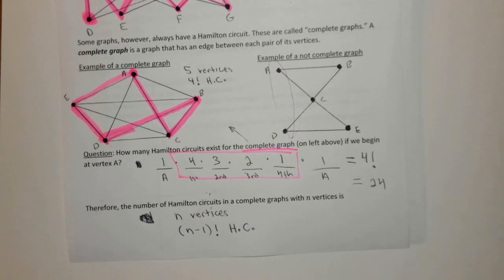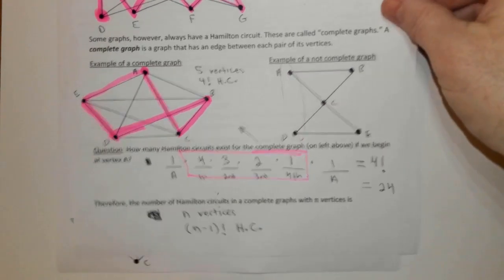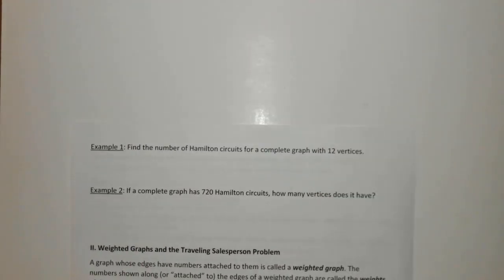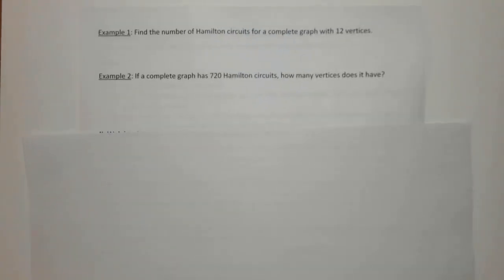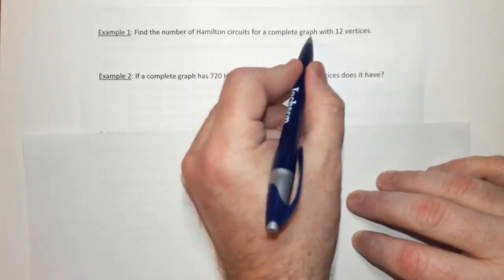So let's look at a couple of examples that I found that are going to use that. Find the number of Hamilton circuits for a complete graph with 12 vertices.